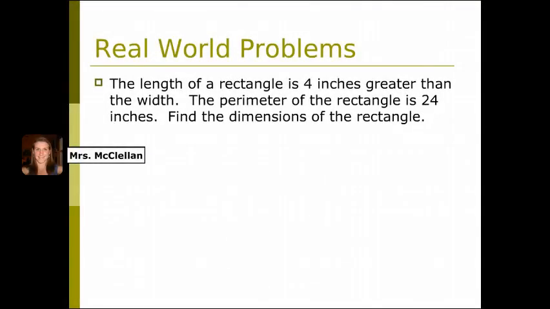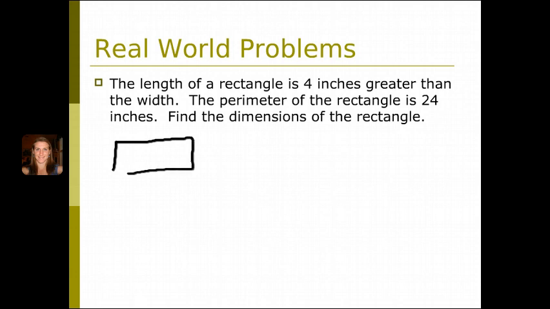Our second word problem is, again, another geometric shape. We've got the length of a rectangle is 4 inches greater than the width. The perimeter of the rectangle is 24 inches, and they want you to find the dimensions of the rectangle. Anytime you're given a shape, it's easiest to draw the shape so you can get a visual.